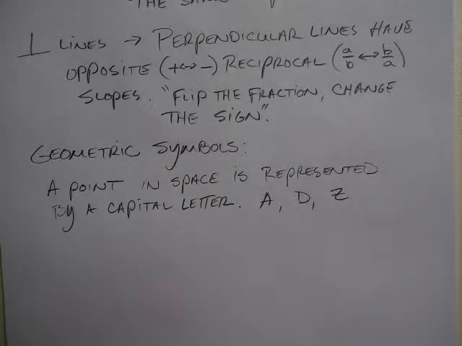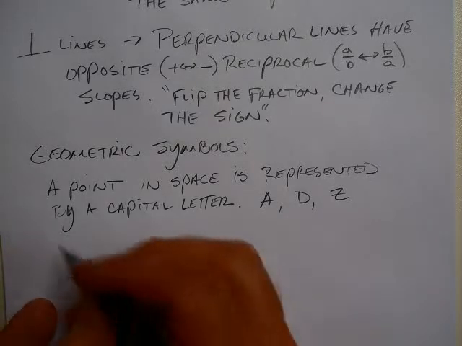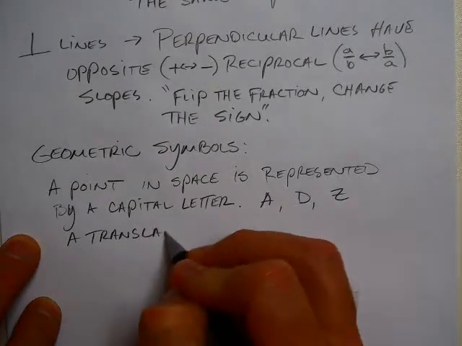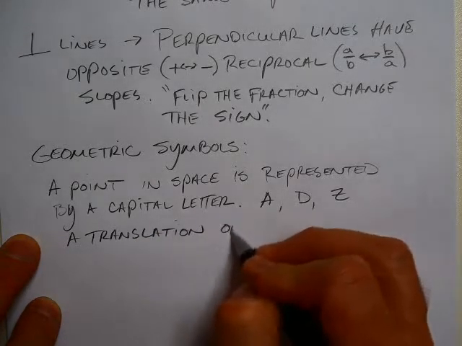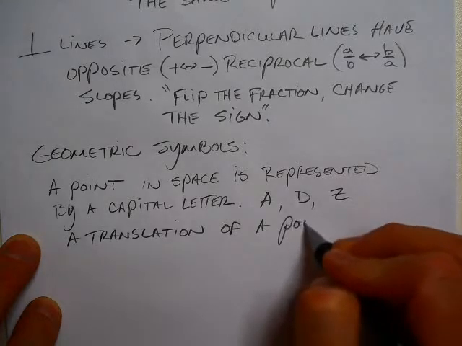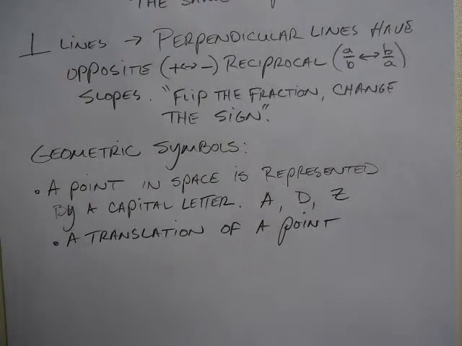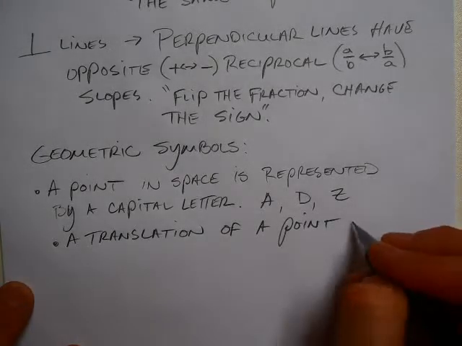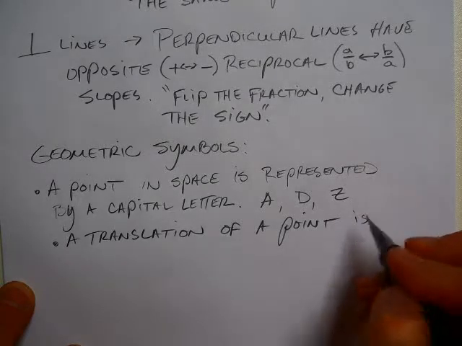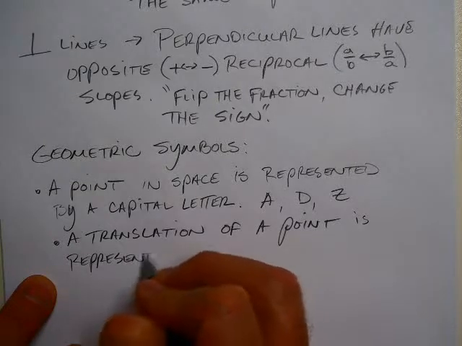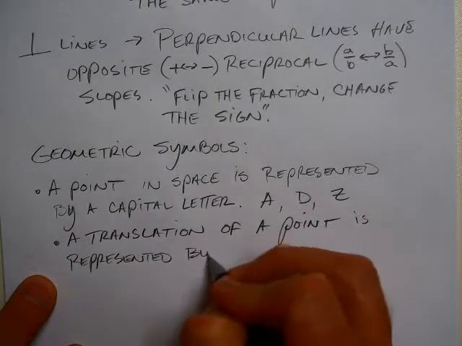Sometimes we have translations where we've moved the point. A translation of a point is some sort of movement. You're sliding it, you're flipping it, you're reflecting it. The translation of a point is represented by primes.